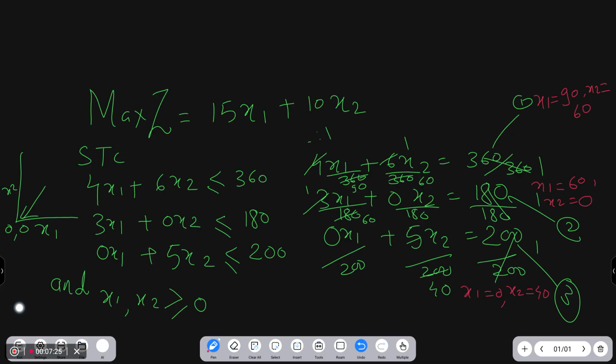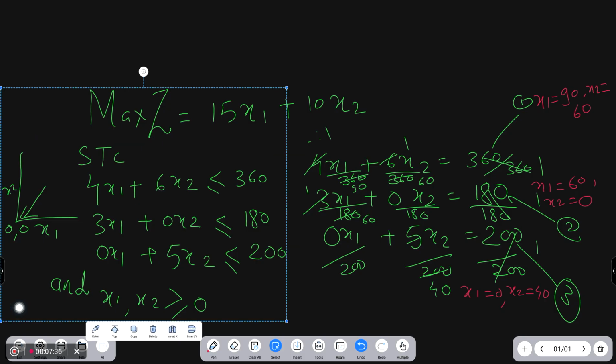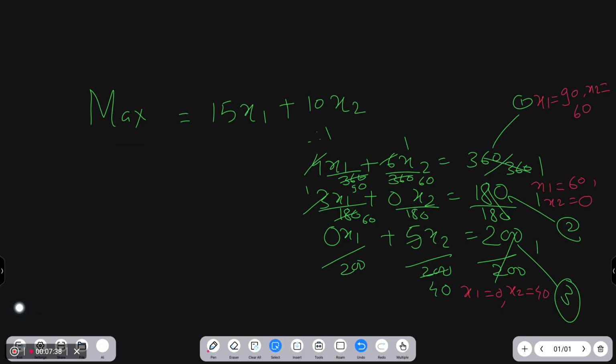Right? What is the next step? The next step is that you have to plot the graph. Now, what is the maximum value on x1? 90.